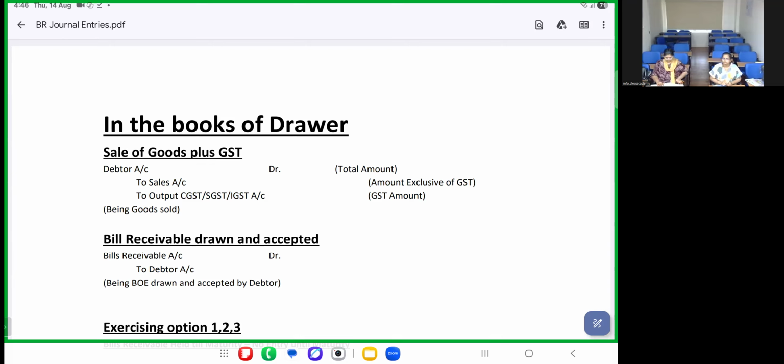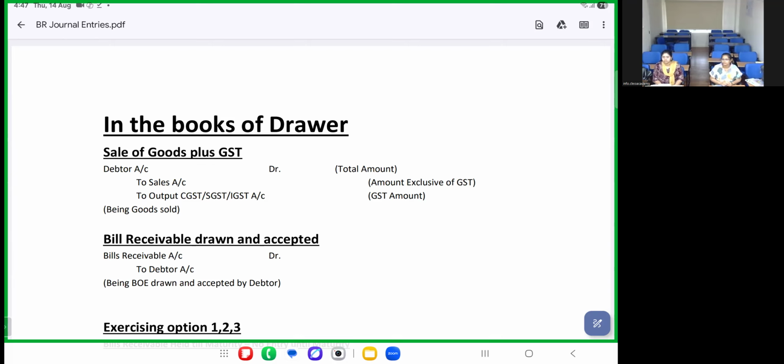The first point is either purchase or sales. So when we are selling, you have the copy of these entries? No, okay. You can see the screen and follow. When we are selling the goods, what is the entry generally? Sales entry. Yes, cash or bank account debit to sales account. Correct.